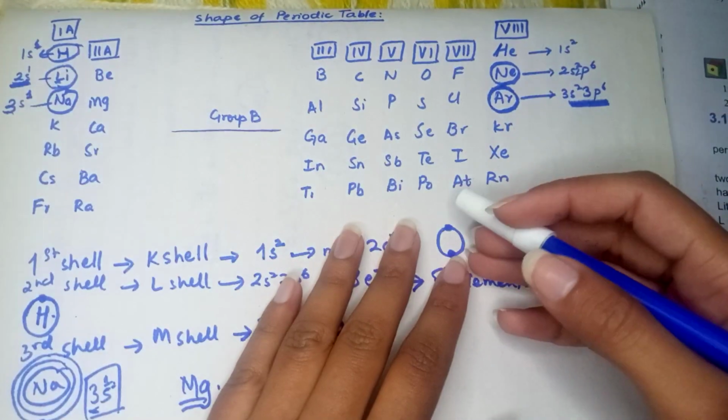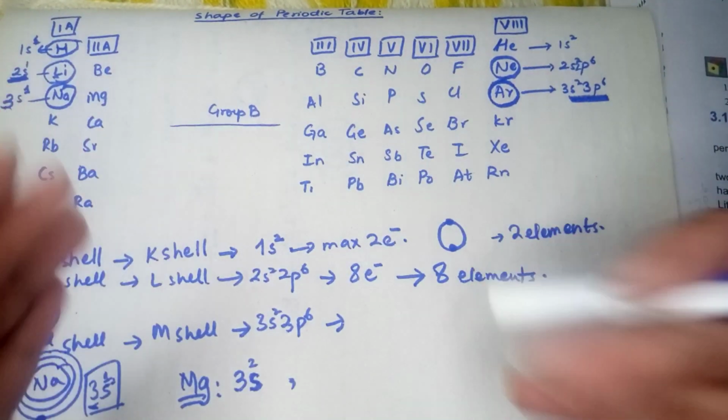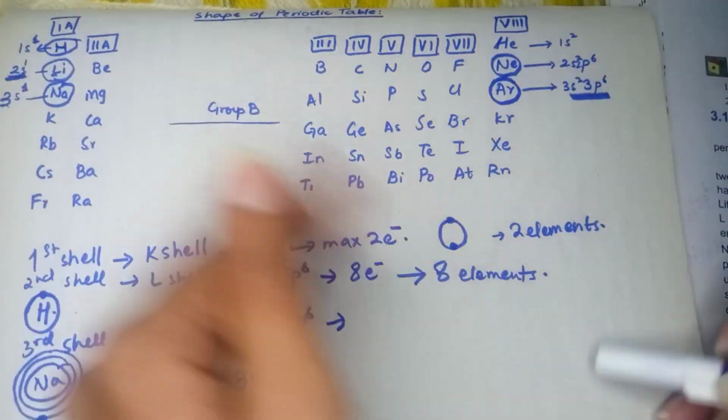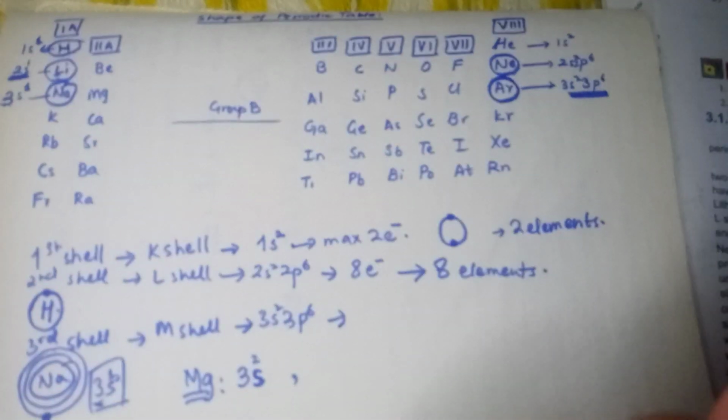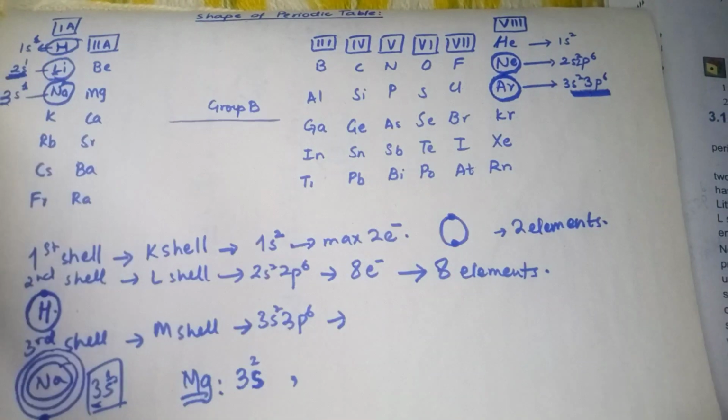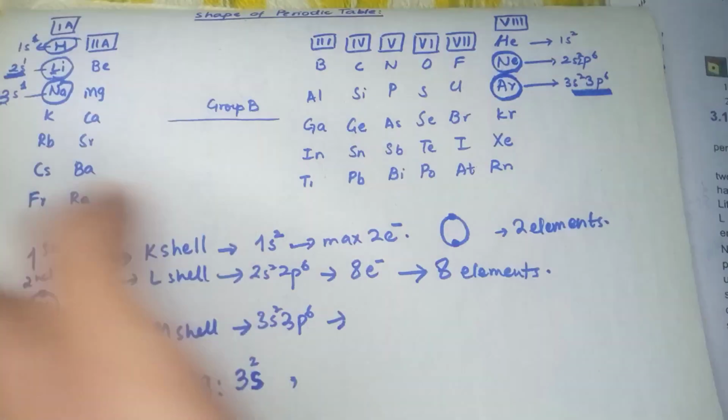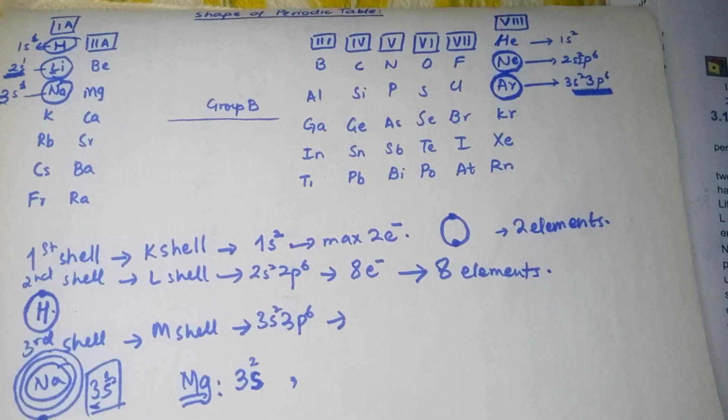And as I've told you, all the elements arranged in this periodic table are in the order of increasing atomic number. As we move along the period and move down the group, you can see that the atomic number of the elements increases, right?